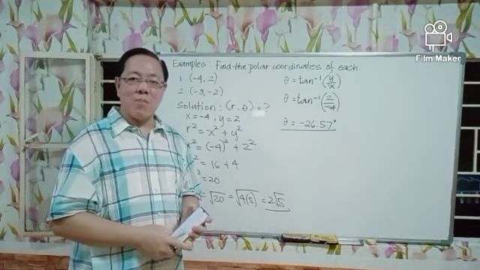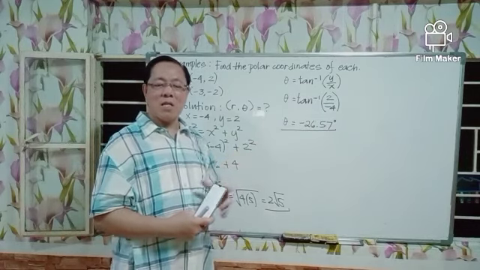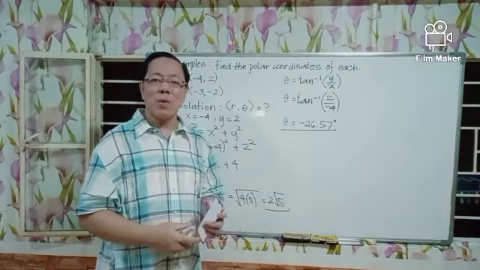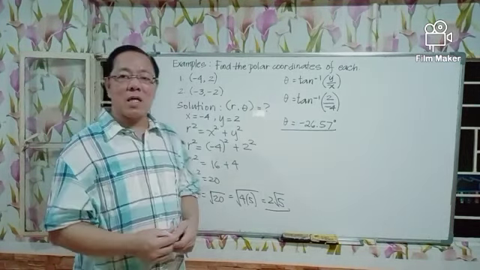Now we plot the point to check if this is the angular coordinate that we want. We plot the point -4, 2.